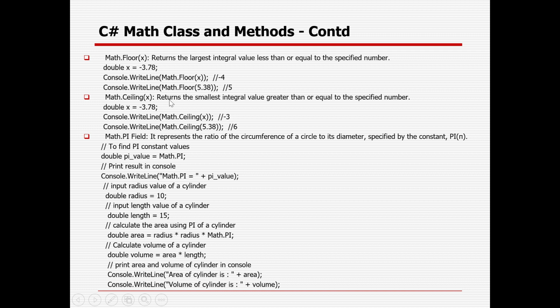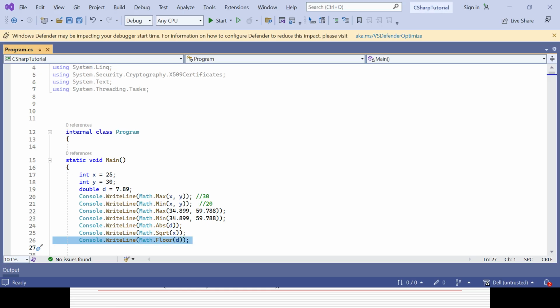Floor gives the largest integral value less than or equal to the number, whereas Ceiling returns the smallest integral value greater than or equal to the specified number. Now see here, in case you want to print out the double d with the help of the Ceiling method.